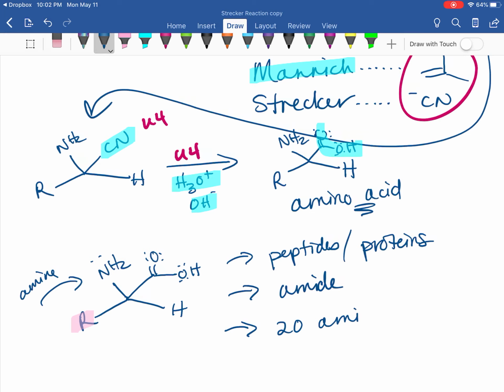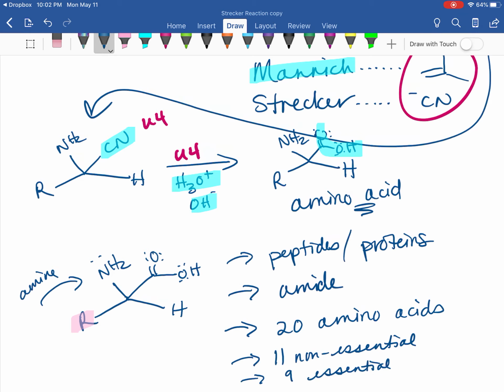Our amino acids in life for us, we have 20 amino acids. There are more that are unnatural, but there are 20 natural amino acids that we need. We need a combination of those in our proteins. If I'm not mistaken, again, I'm a little far away from my biochem, so you may want to check that. We have 11 that are non-essential, meaning we can make them in our bodies, and 9 that are essential. Again, you're going to want to double check those numbers.